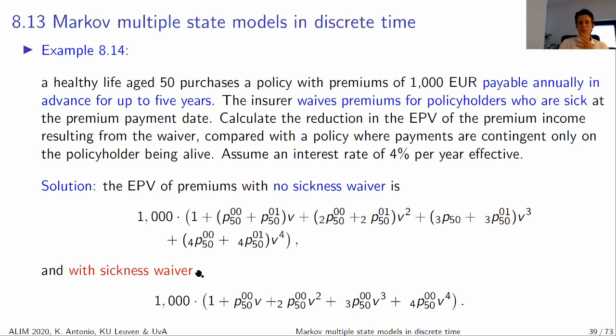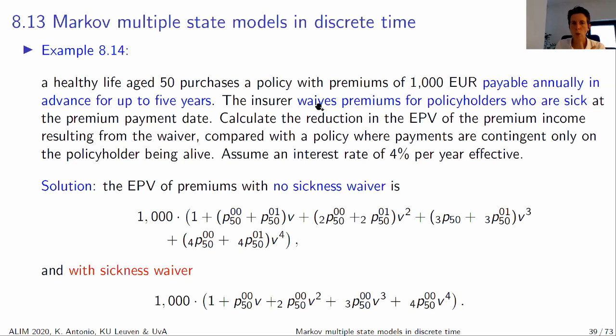So what if we bring this to a next level, and what if we use this kind of thinking to value an insurance product? Then we continue with the example given here. We've got a healthy life, age 50, who buys a policy with premiums of €1,000, payable annually in advance for up to 5 years. So annually in advance, that means you pay the premium at the beginning of the year. Yeah.